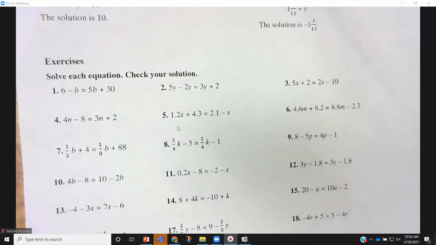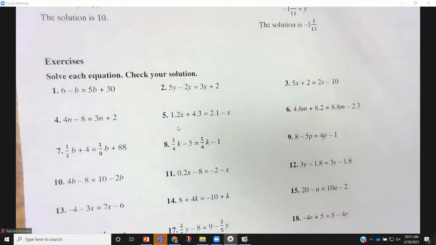Does anybody need a sheet of notebook paper? You need notebook paper? Yes, of course you could use a calculator. Anybody need a sheet of notebook paper? Where's your notebook paper? Do you have a notebook for this class? Okay, then you need that paper.